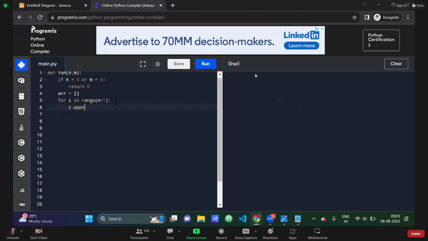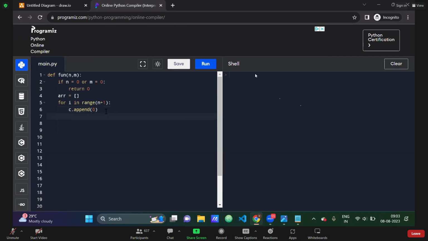So I will append 0. Initially, I'm storing zeros in an array of length n, the number of rows, that is each height, right? If it is 5 cross 3, we have height 5, so we need to go until 5. So c dot append 0.